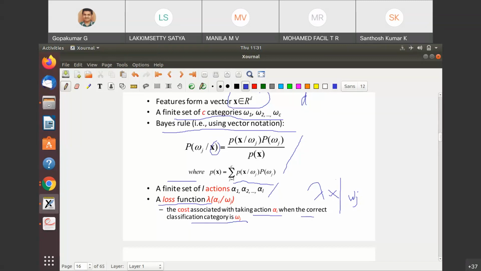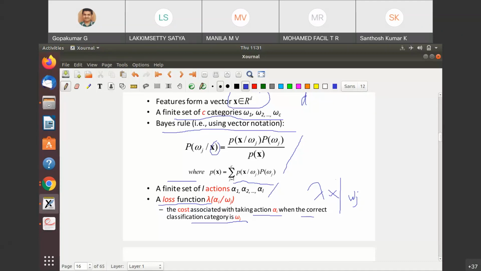Whenever you take alpha j as the action, which is the correct action, and your classification category Wj is also correct, then the loss function is going to be 0. So assume that alpha I represents predicting Wj for the given feature vector x.